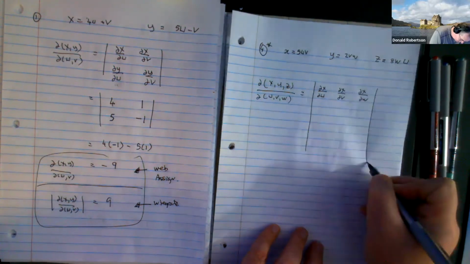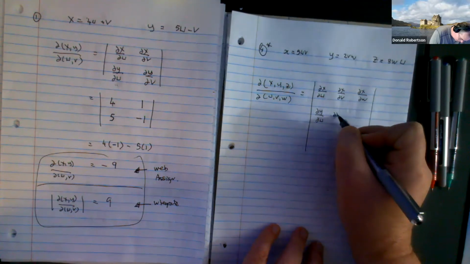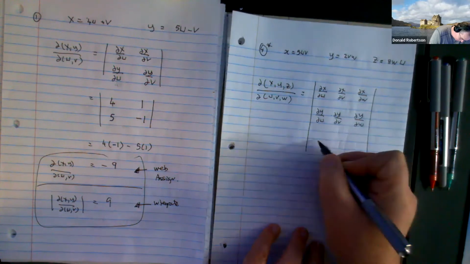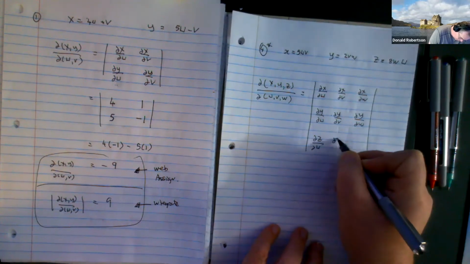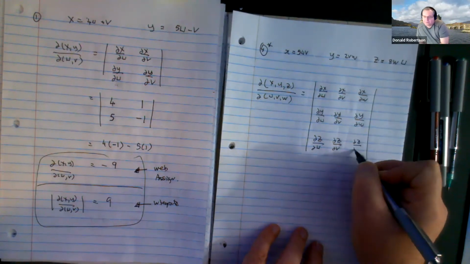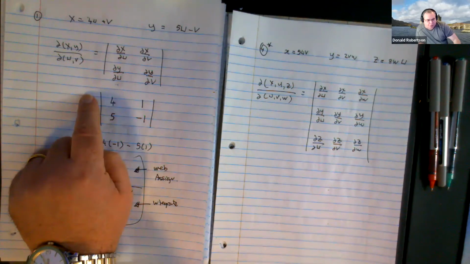You do y with respect to u, v, and w. And you do the partial derivative of z with respect to u, v, and w, right?